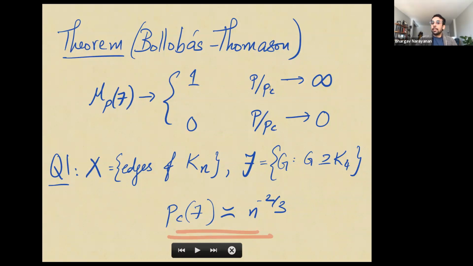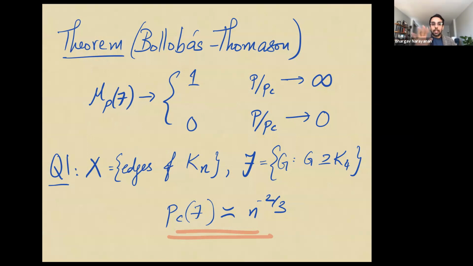And similarly, if p over p_c is very large, you'll have a very good chance of landing in your family. So when you scale around the critical window in a multiplicative fashion, the chance of landing in the family goes very quickly from 0 to 1.